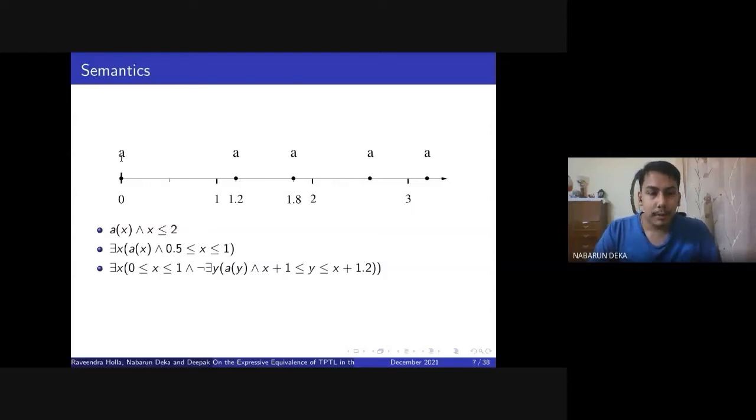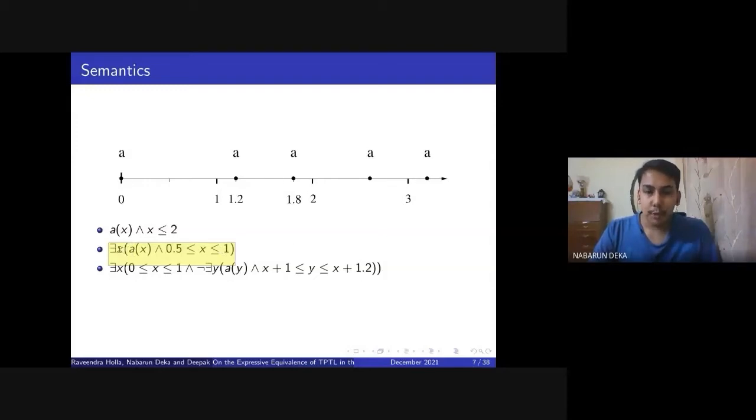Now, the difference in the pointwise and continuous semantics comes when we interpret quantified formulas, when we interpret a there exists quantification. In the continuous semantics, when we say there exists x and some formula, we mean that the formula must hold for some arbitrary time point x in our time scale.